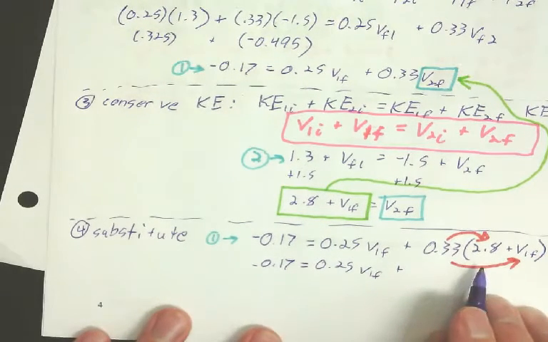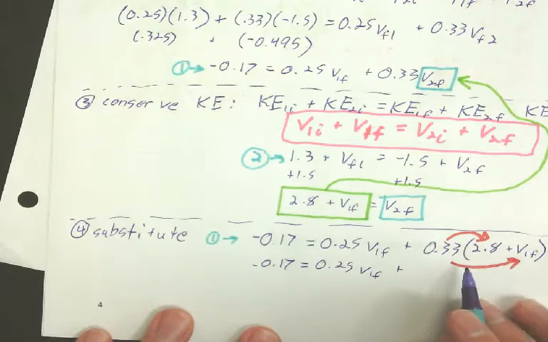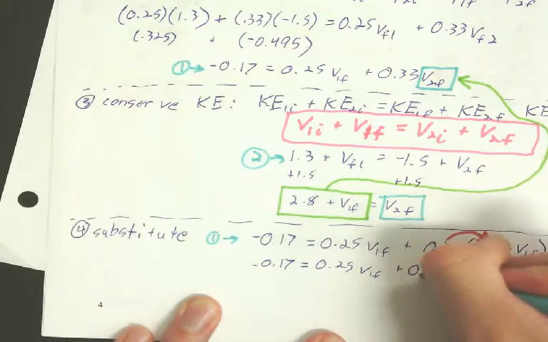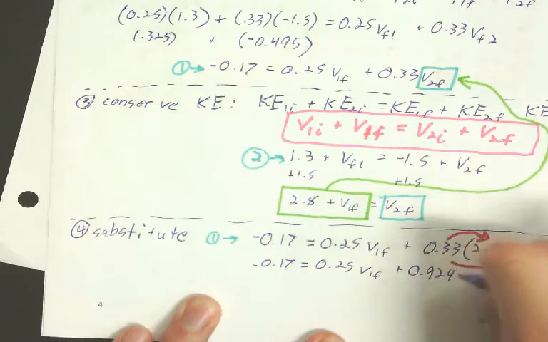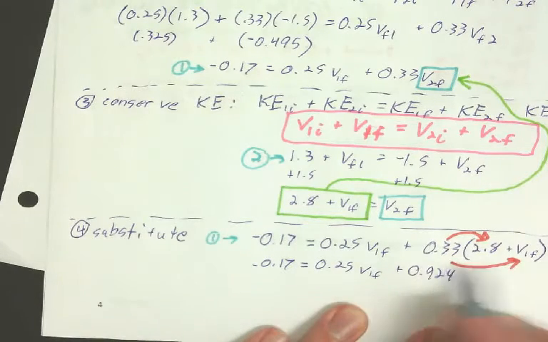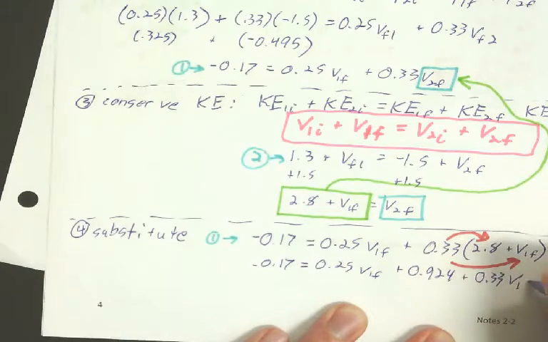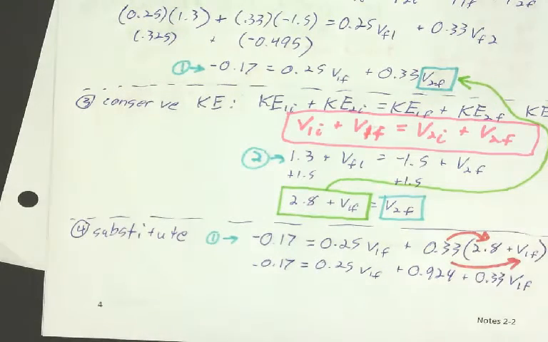So 0.33 times 2.8 is, oh my gosh, if only I could write clearly. There we go, 0.924. And 0.33 times V1 final is 0.33 V1 final. And now look what we got.